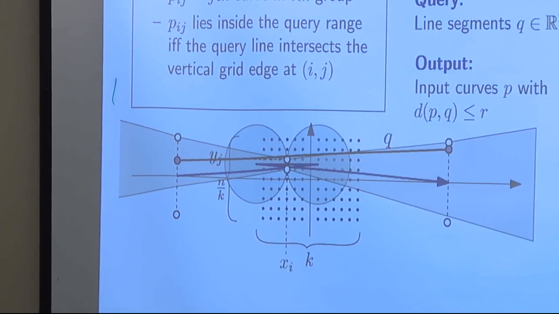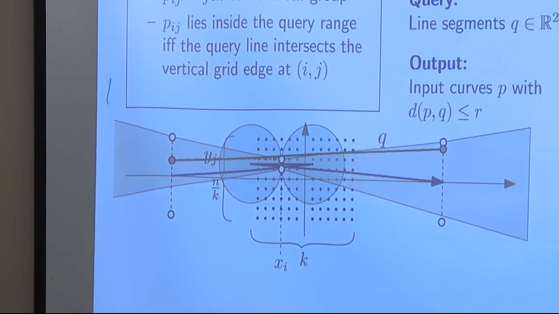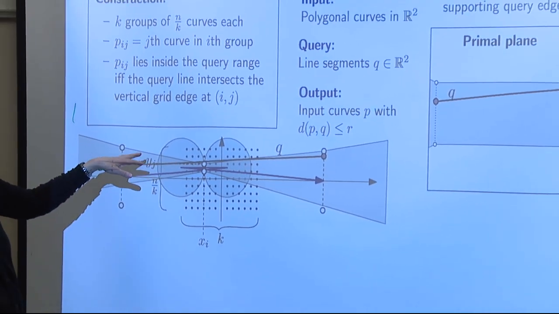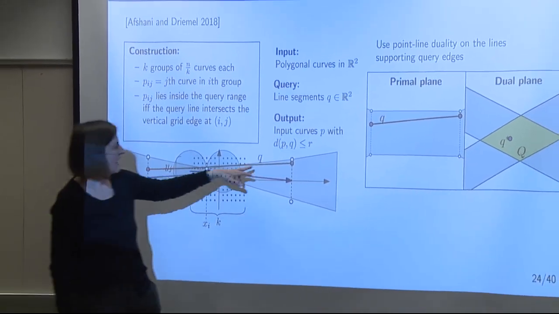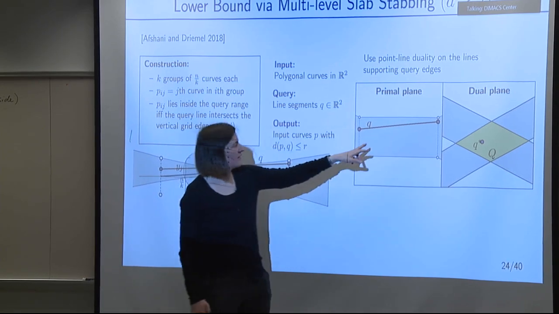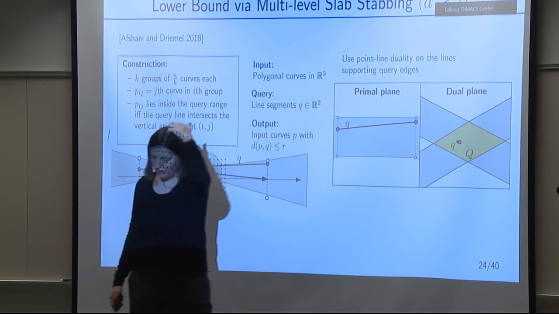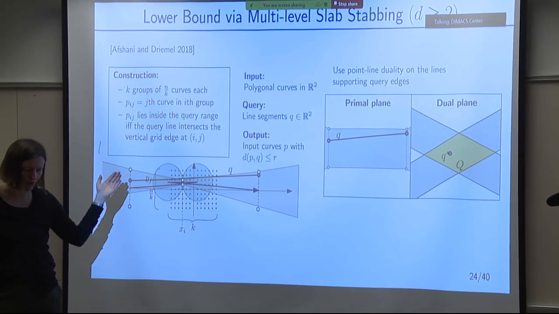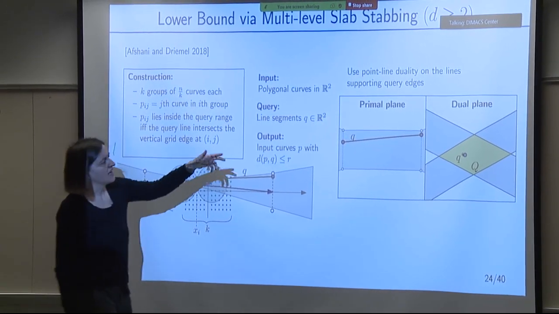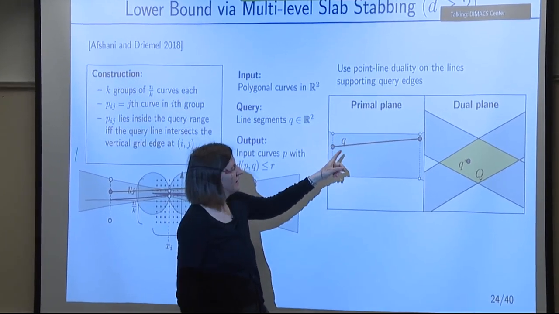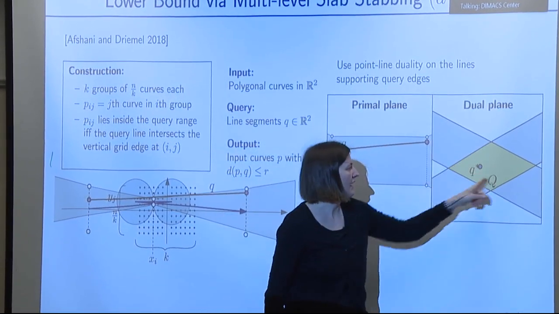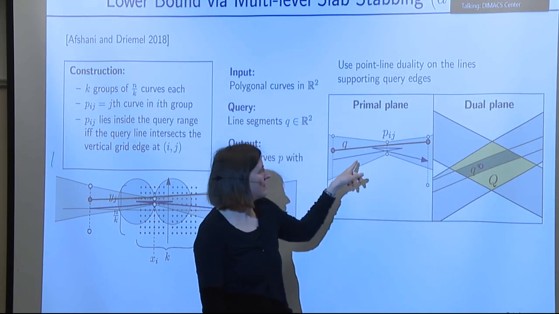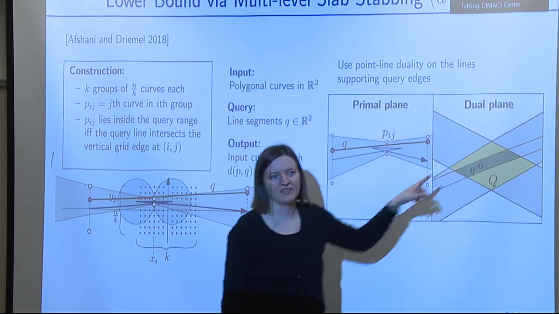And now, why does it give me slabs? Well, I can dualize these curves. I dualize the queries and look at these ranges. I think what we did is look at a very simple parameterization, the slope and the y-intercept, and then we get a dual plane in which all possible queries lie, and one of these curves looks like a slab in this space.